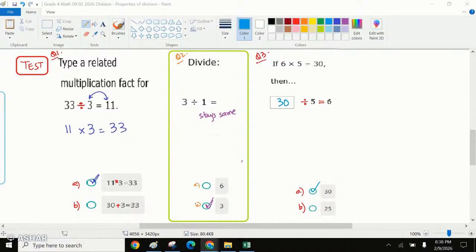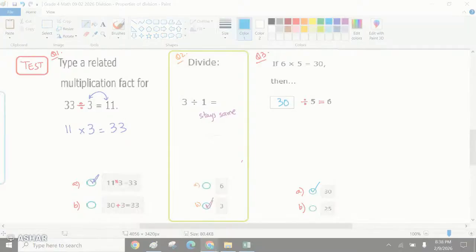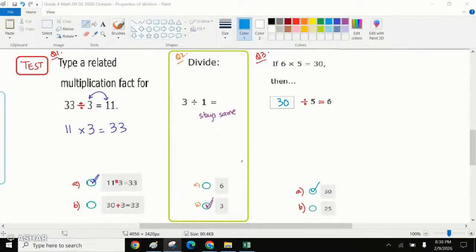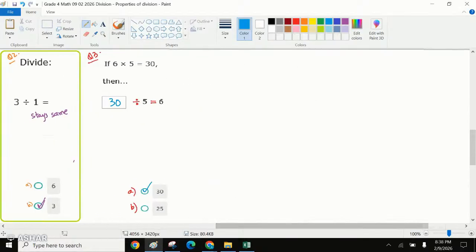A similar question says, if 10 multiplied by 4 is 40, these are the two options given to us.